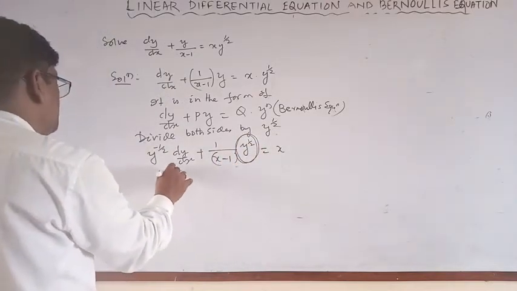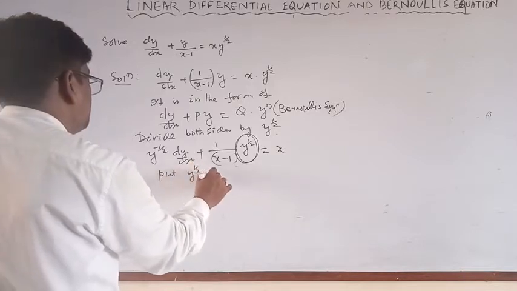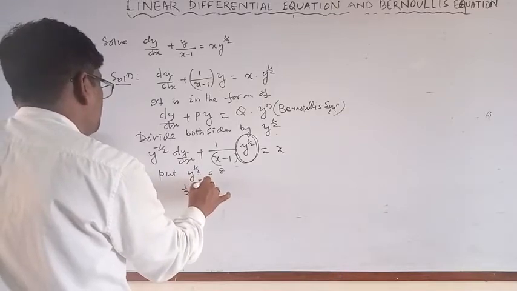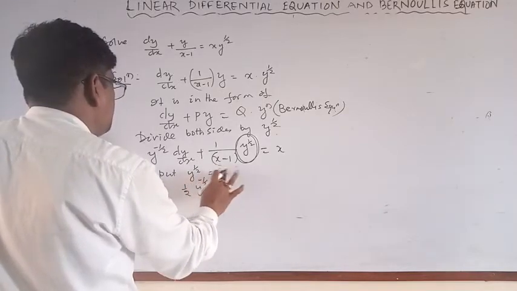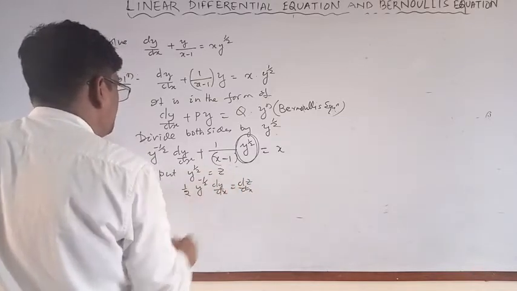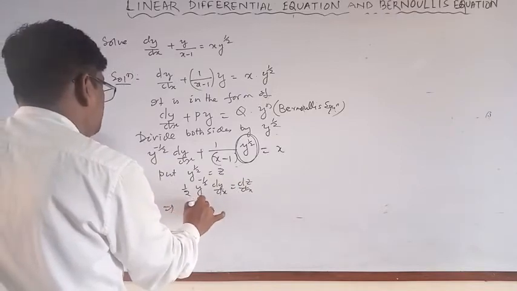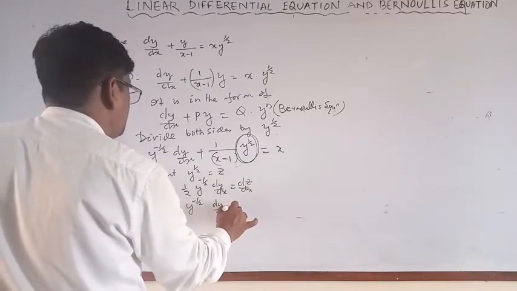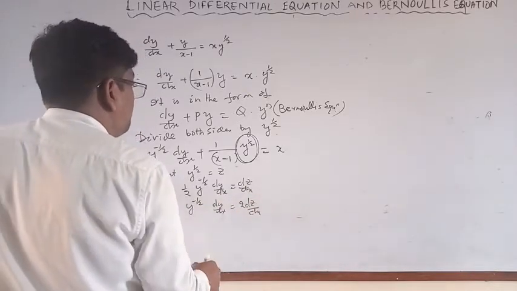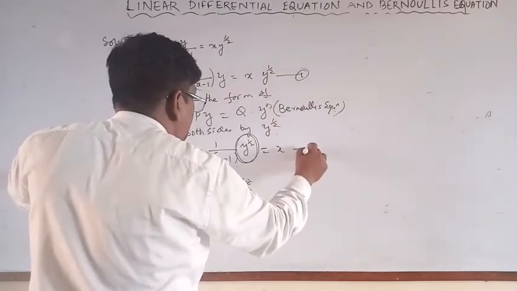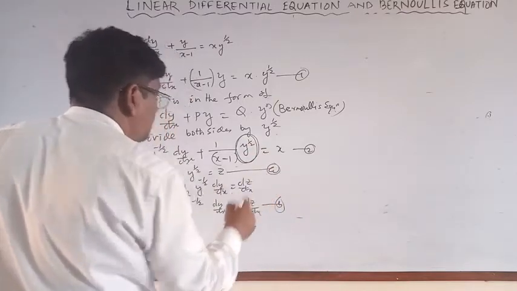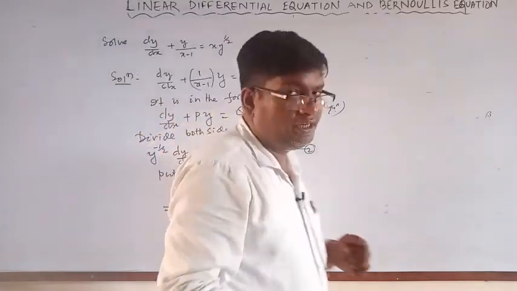So put y to the power 1 by 2 is equal to z, and differentiate: 1 by 2 into y to the power minus 1 by 2 into dy by dx is equal to dz by dx. So this implies y to the power minus 1 by 2 dy by dx is equal to 2 dz by dx. Suppose this is equation A and this is equation B.